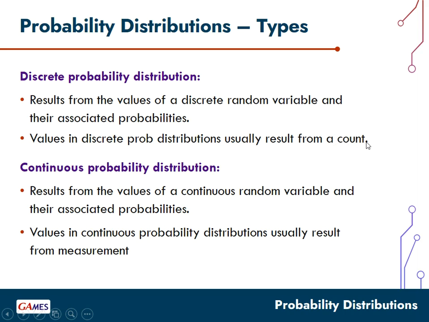Usually, measurement is continuous. When you are doing measurements, measurement of price, measurement of temperature, usually have continuous values. The devices or instruments we're using for those measurements will be taking in continuous data. All right. So measurement data is usually infinite. So for discrete probability distributions, we're talking about variable values that result from a count.